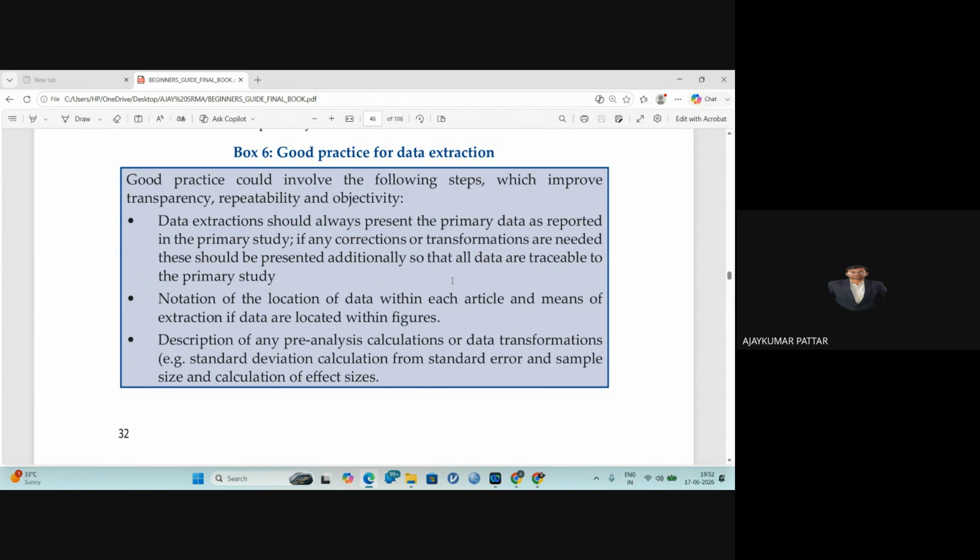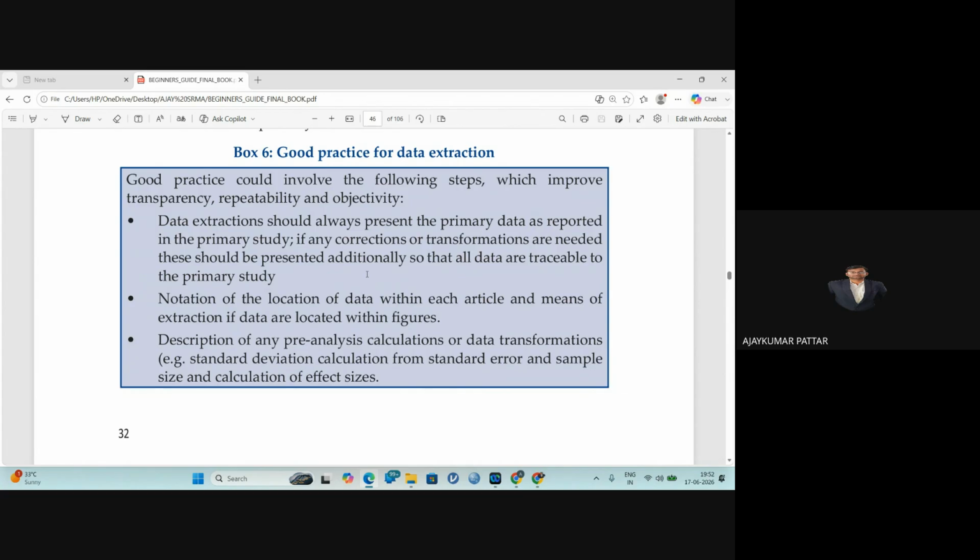For example, if our study outcome needs height, and they mentioned it in meters or inches or any other unit, but we changed that for our study purpose, for uniformity, then you have to add an additional column and maintain the transformed or corrected format for that particular paper.